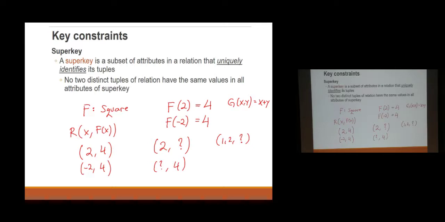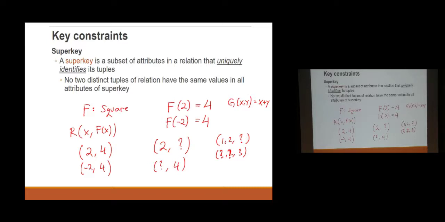So the first 2 columns, the first 2 attributes, uniquely identify the third attribute. But any other combination is probably not going to do it. This one is uniquely identified because of that special property. But this one is not uniquely identified. So that's what uniquely identifies means.